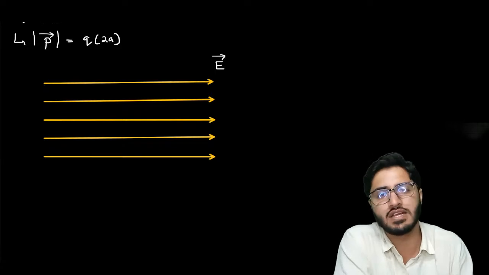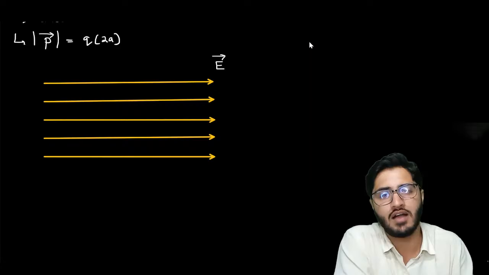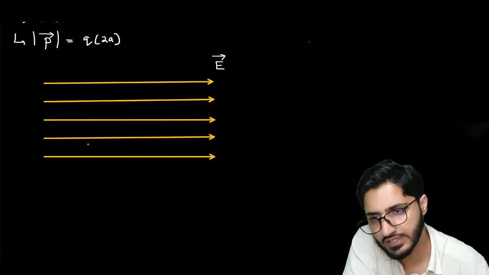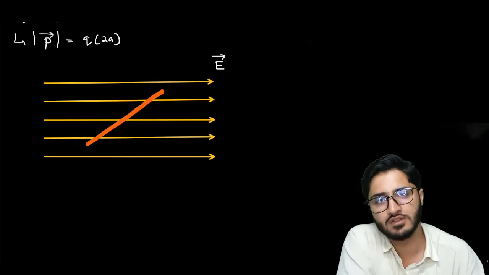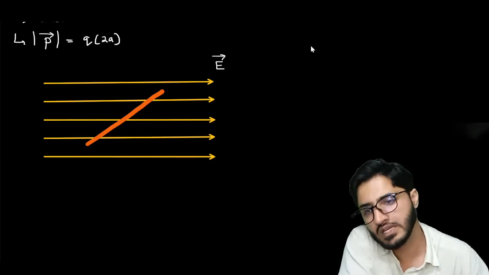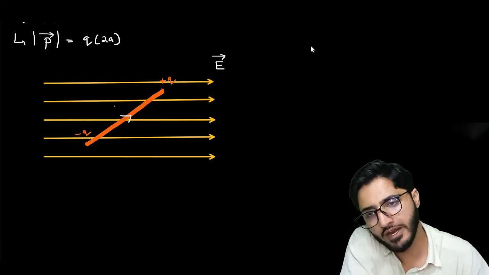Now in between I will place a dipole. Look, this is my dipole. This particular point is minus q. This one is plus q. And the dipole moment will be from minus to plus. We know it.